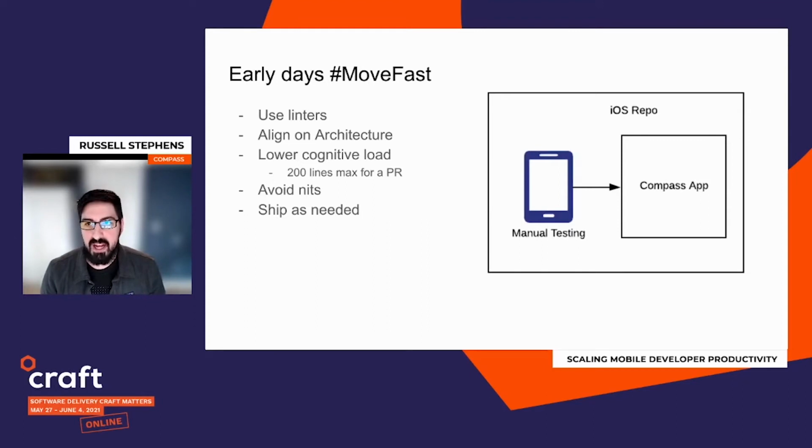So in the early days of an app, you'll almost always ship or release mobile when a critical feature is launched. And on the right here is just a picture of a standard setup. Maybe you have a repository, you have a single app in there, and all the testing you do is done right on a phone. So this way, there's that tight feedback loop. You make a change, you run it, you see how it is, and then you decide that it's ready to ship.